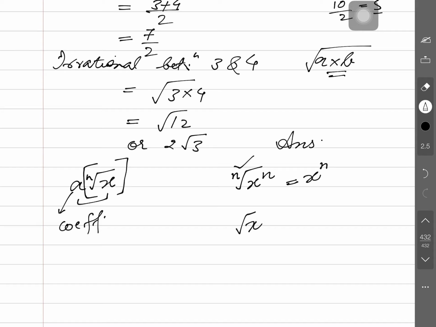Okay, so next is plus 3, index 3, radicand 625.